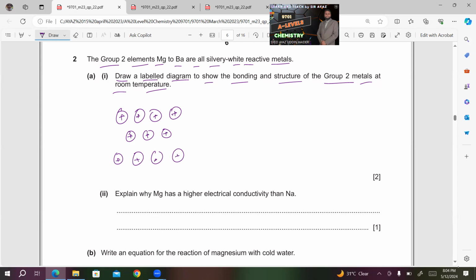You can place positive inside, or they are saying it's a cation of group 2, so if you want, you can even write X2 plus. Instead of showing plus, what we will do? X plus 2, like this. X plus 2, X plus 2, X plus 2, X plus 2.